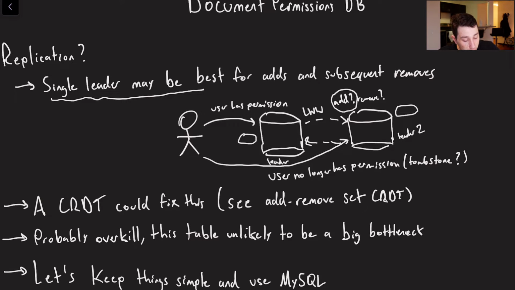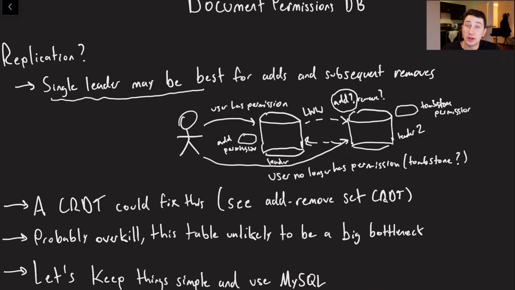For a set CRDT, what we would do is say, here's a tombstone for the permission, and here is the add of the permission. And then when we merge those via anti-entropy, we can see that the add and the tombstone are both present.